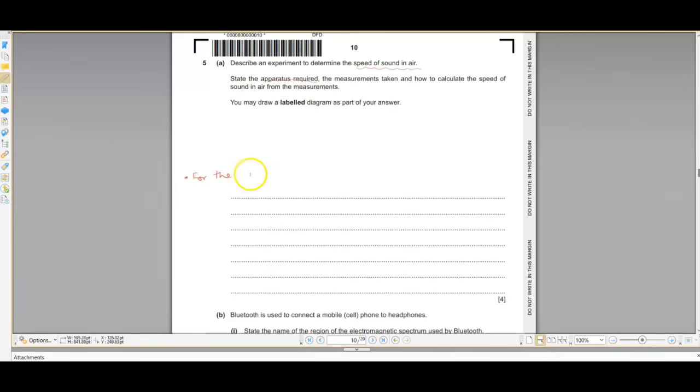For the apparatus, we need 2 wooden blocks, a stopwatch, and a long measuring tape. Okay. And how are we going to conduct the experiment? Now we are going to write that.